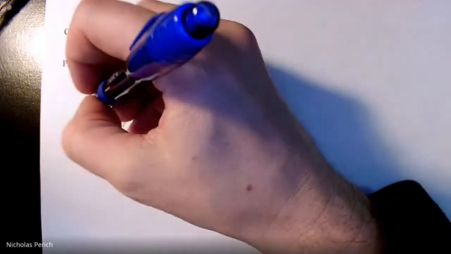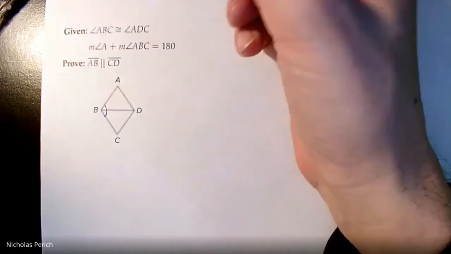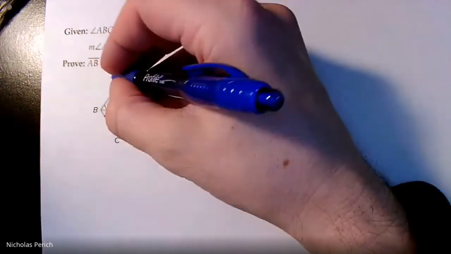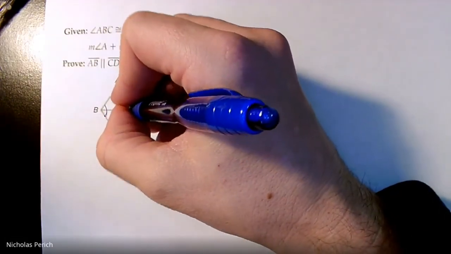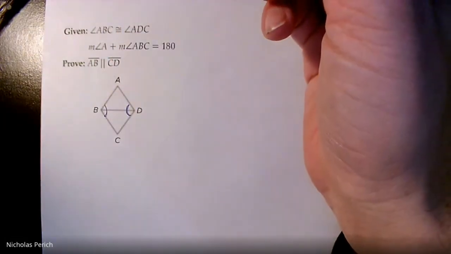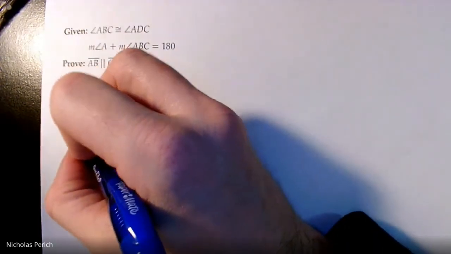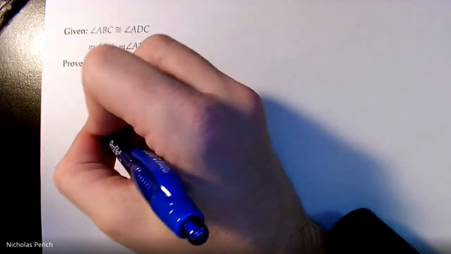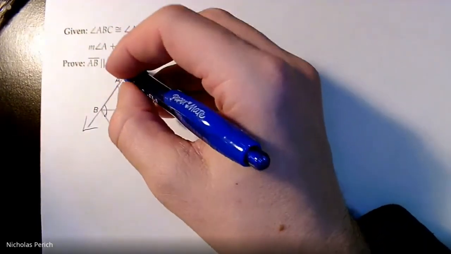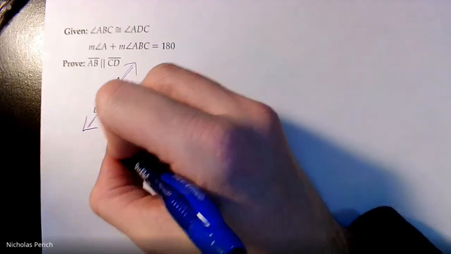ABC, this guy, is congruent to ADC, that guy. I have to prove that AB, this guy, is parallel to CD.